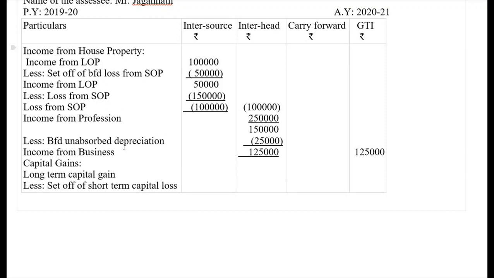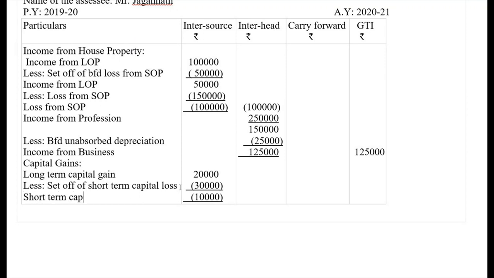The long-term capital gain is rupees 20,000, whereas the short-term capital loss is 30,000. The difference is rupees 10,000. So this is the remaining short-term capital loss, which shall be carried forward to the next assessment year.